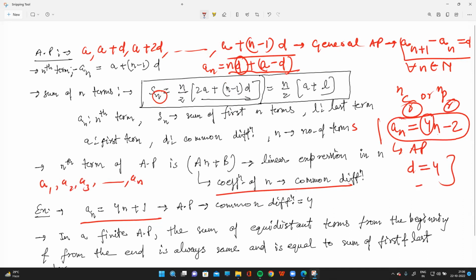So what we are saying is, if you take first term from starting and first term from last, so this should be A1 and AN. If you take second term from starting and second term from last, they should be A2 and AN minus 1.